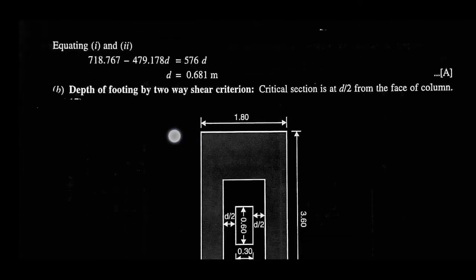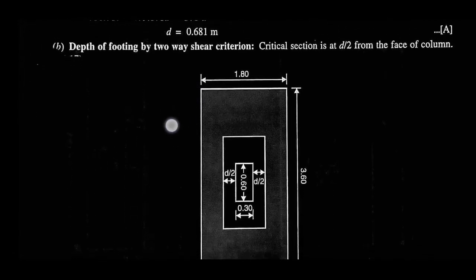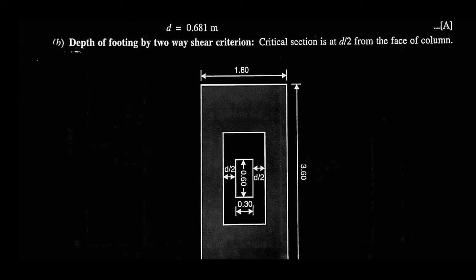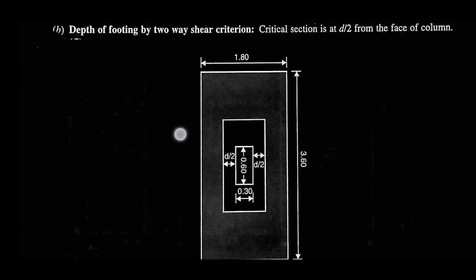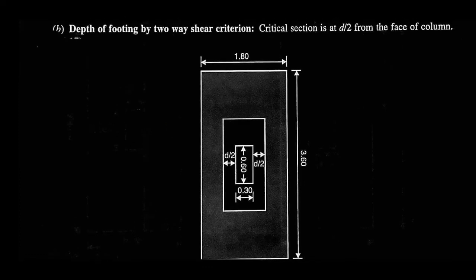Now the next step is depth of footing by two-way shear criterion. The critical section is at d by 2 distance from the face of the column. So you can see here the picture for two-way shear or punching shear.